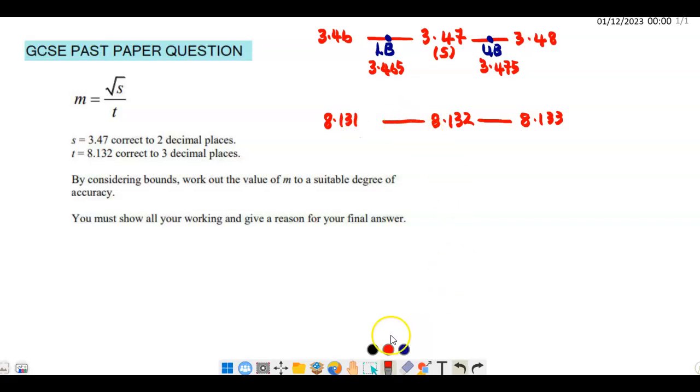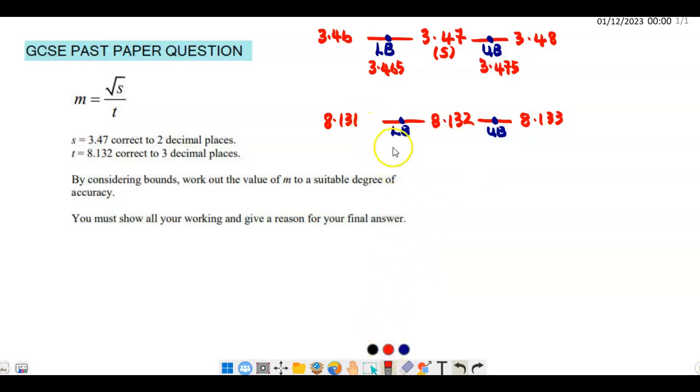We want to find the middle value between 8.131 and 8.132, and same here, we want to find the middle value between 8.132 and 8.133. So this value would be the lower bound, and this value would be the upper bound.